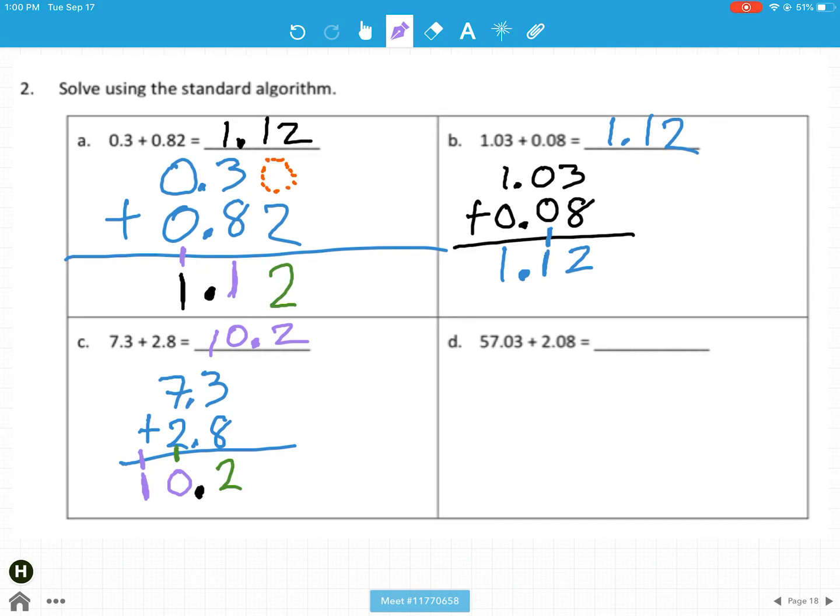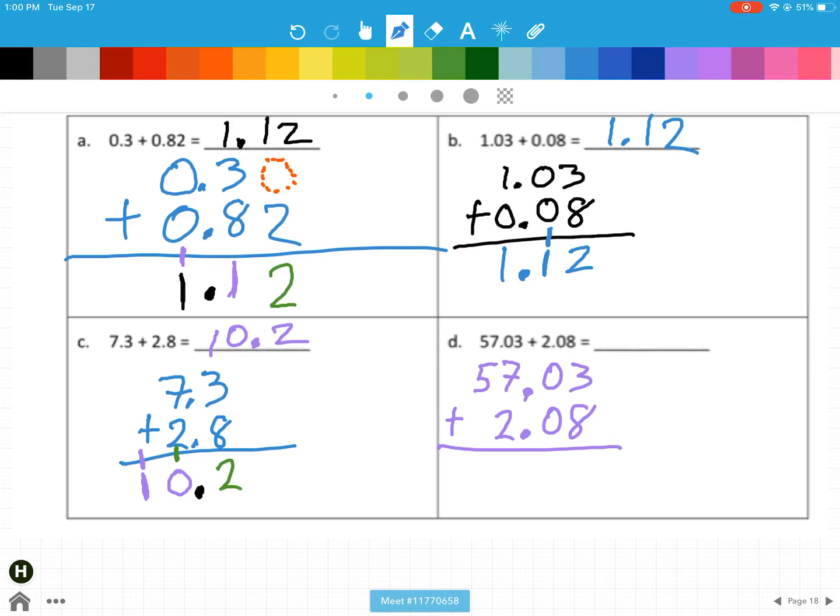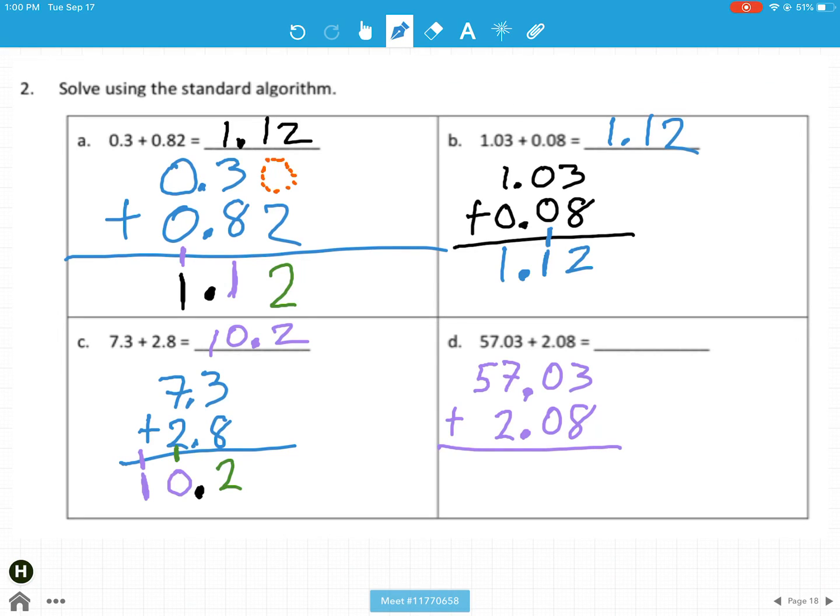Now moving over, we have 57 decimal 03. 57 and 3 hundredths plus 2 and 8 hundredths. Again with that 11, excuse me. Oh my gosh, I've been doing this all wrong, huh?